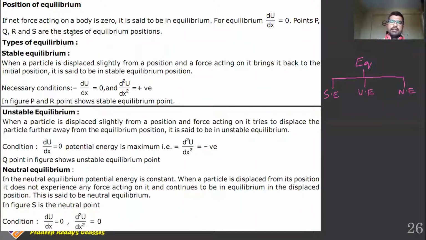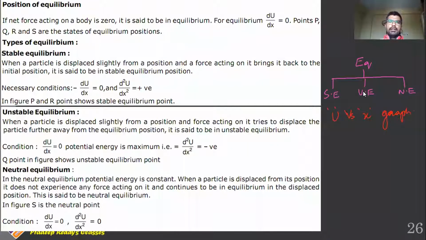Whenever there is a potential energy versus position graph, in that graph you can identify the positions of equilibrium. You can identify positions of stable equilibrium, unstable equilibrium, and neutral equilibrium also.